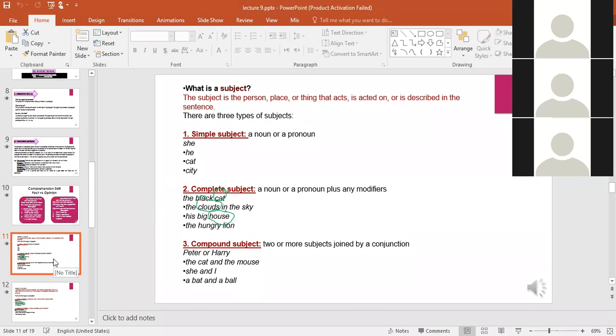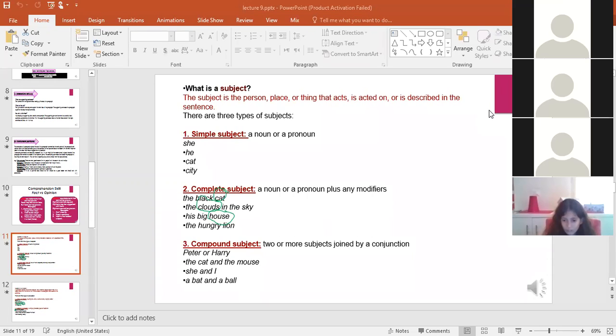Okay, let's move on. Now we move to subjects and predicates. Yes, Ali. Miss, in the worksheet, in E, you said tell whether underlined words function as a subject or as a predicate, then write its kind.